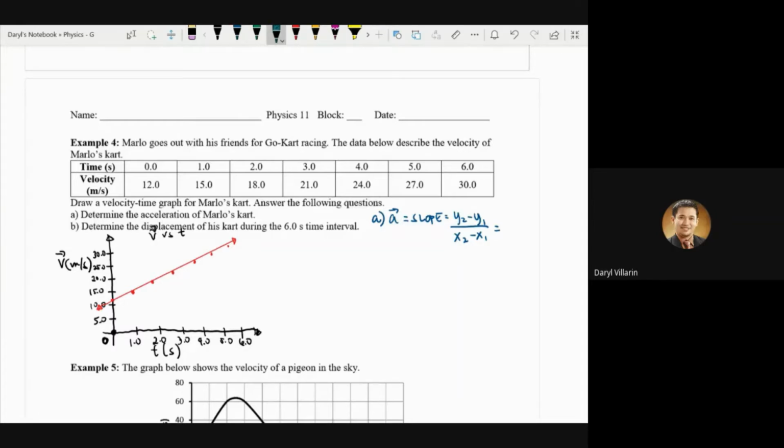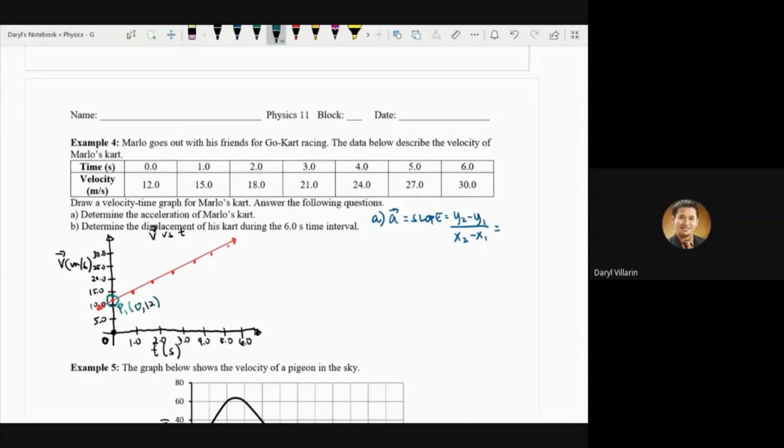In choosing the 2 points, it can be any point that is hit by the line you made. Don't worry if the line doesn't hit all the actual data points. This one here perfectly hits that one, so that's my P1. That would be 0 and 12.